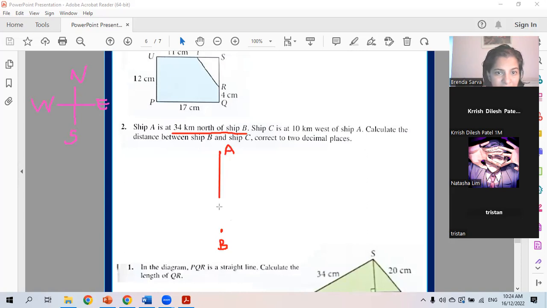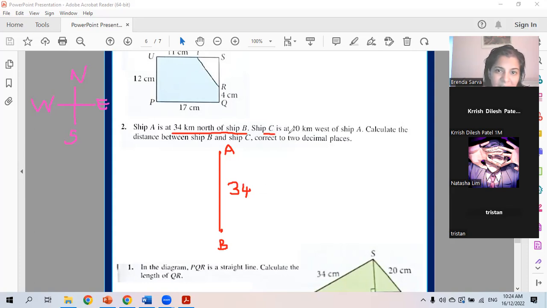So north is exactly a straight line. Okay, so A is north of B, and what's the distance? 34. Okay, I'm not putting the units. I just want the number.